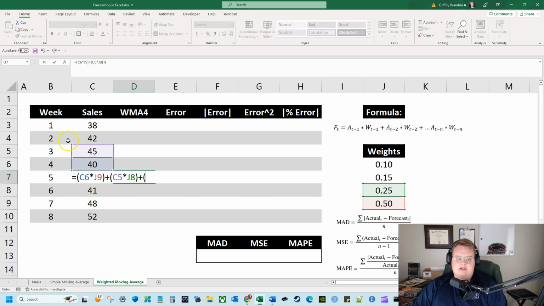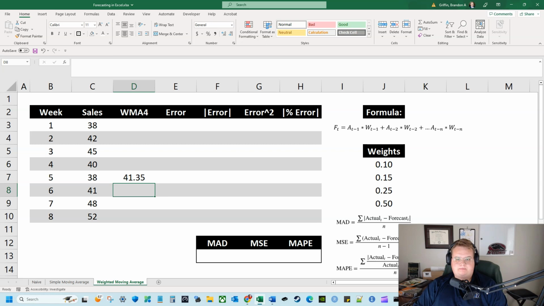Then I'm going to take my sales for the third week and multiply that by my weight for the third week. And then I'm going to take my 38 and multiply it by 0.10. I can go ahead and do that right here, which gives me a forecast of 41.35.